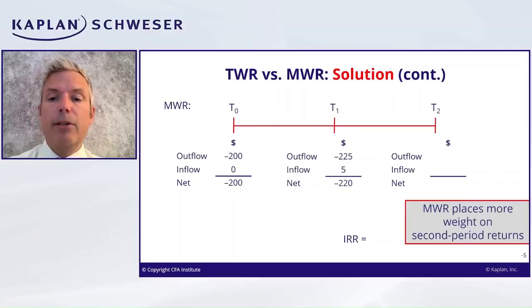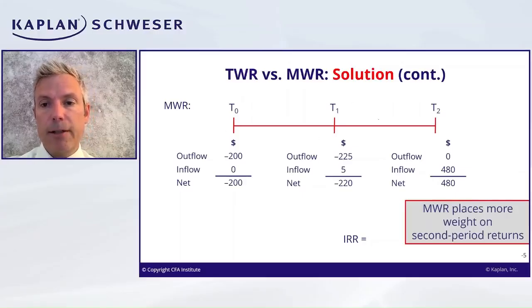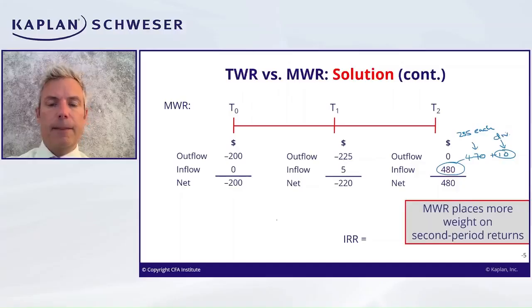Now at time 2, we sell both of our shares for 470. You'll remember we sell both of our shares for 235 each, which gives us a total of 470 plus a dividend of 10. So the total cash inflow is 480. So you're going to calculate an IRR here.